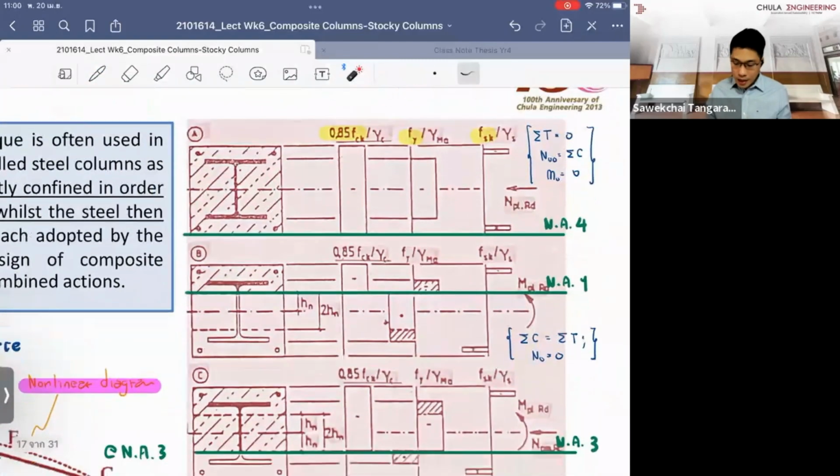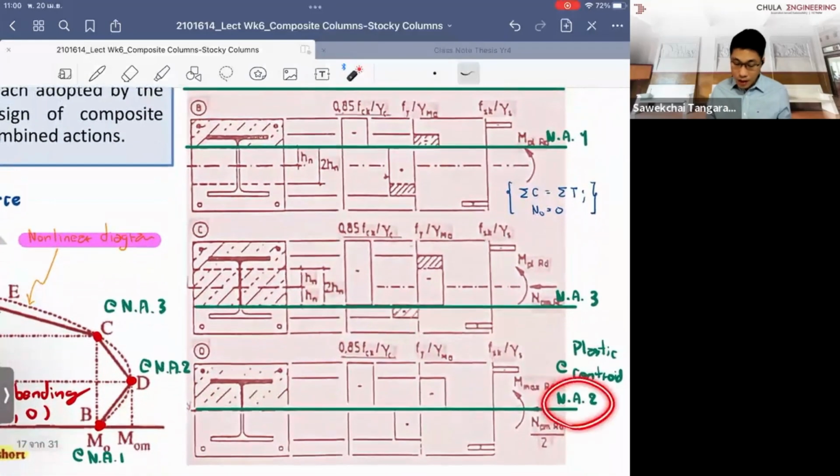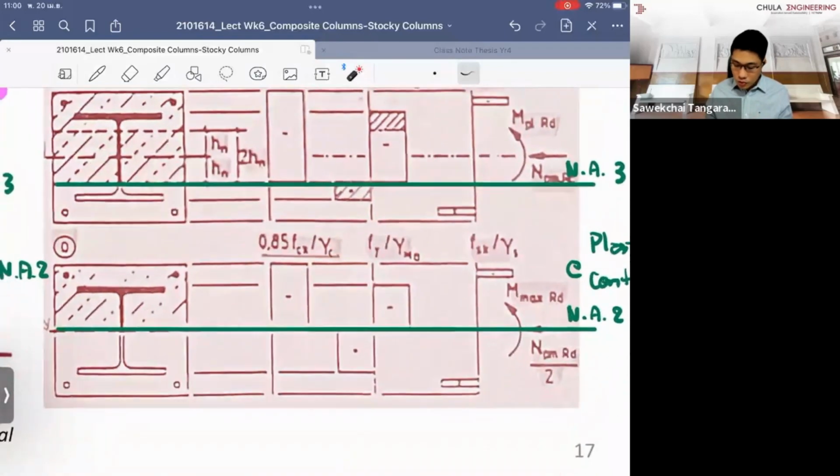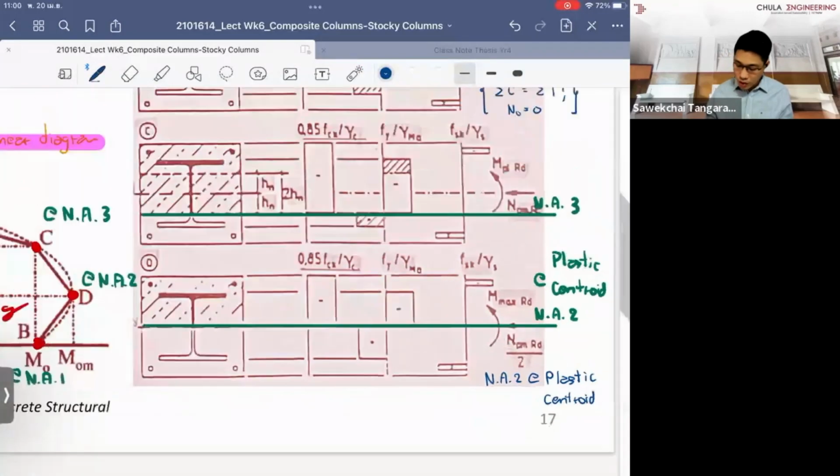Okay. Then the intermediate points, which is the level at the neutral axis number 2 and 3, we're going to do the neutral axis number 2 first. The neutral axis number 2, you calculate at the level where you have the NA2 at the plastic centroid. You just need to calculate where the plastic centroid is, and how do we find the plastic centroid, right?